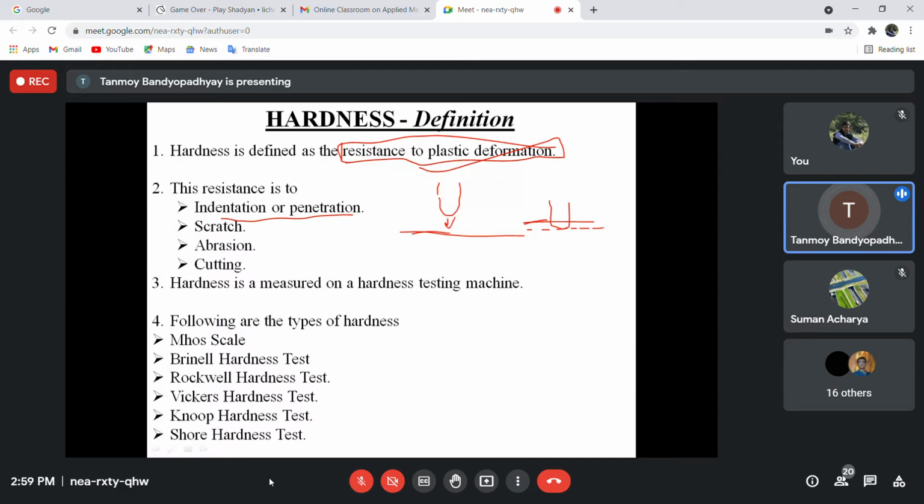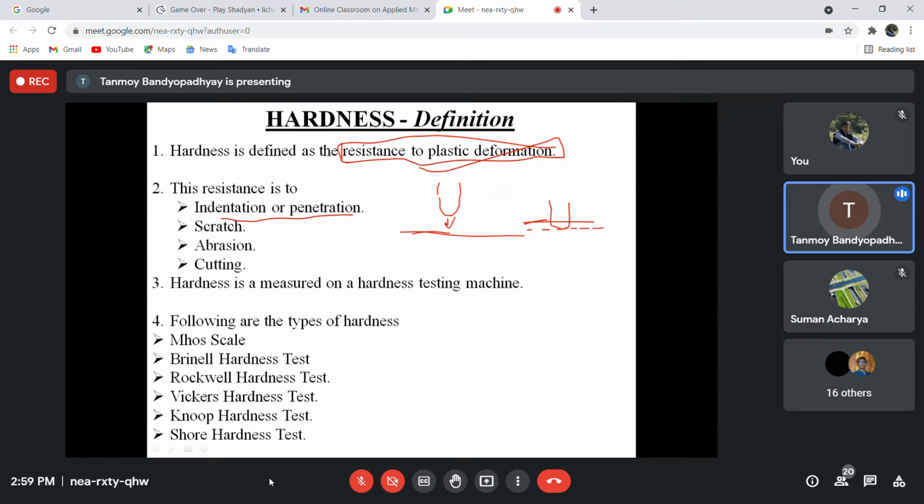Okay, so hardness is measured on a hardness testing machine. Based on the load type, the load value and the indenter type, we can have different combinations, and so different hardness tests. The basic one was the Mohs hardness scale, and after that we have the Brinell hardness test.